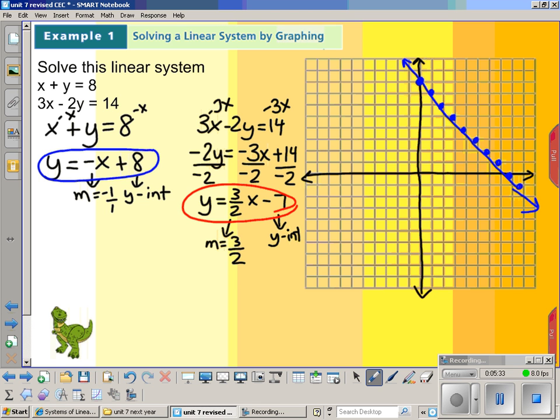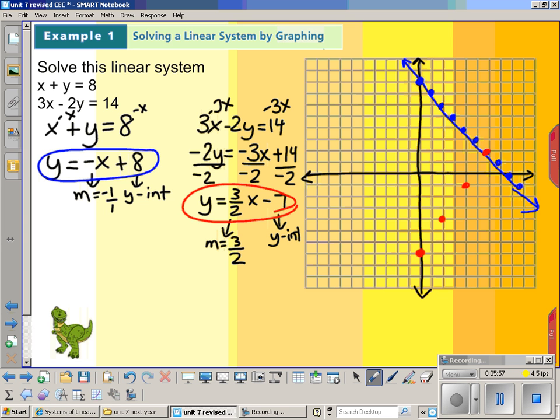And this time we are going up 3 and over 2, and we're going to repeat this process. And in this one, my graph is off a little bit, I'm disoriented, but we would have intersected at this point right here. So let's find out what that is.